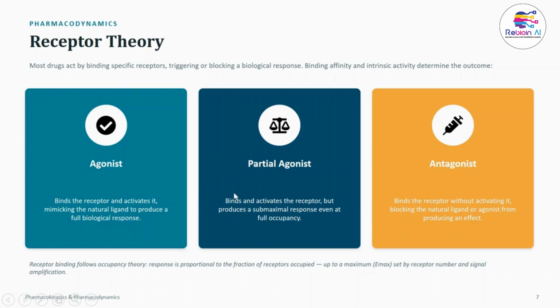The drug, or ligand, binds and activates the receptor but produces a submaximal response even at full occupancy. It does not completely produce the full natural response, but to some extent it produces a response. And an antagonist is a drug that binds the receptor without activating it; it just blocks the natural ligand or agonist from producing an effect.